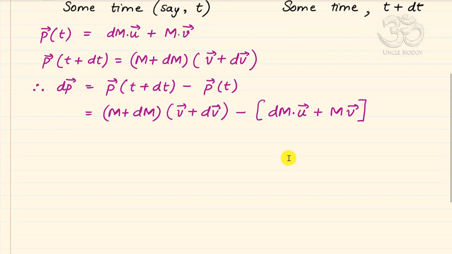And what do I get? When I open up this first bracket, I'm going to get 4 terms. The first term is m times v. The second term is m times dv. The third term is dm times v.